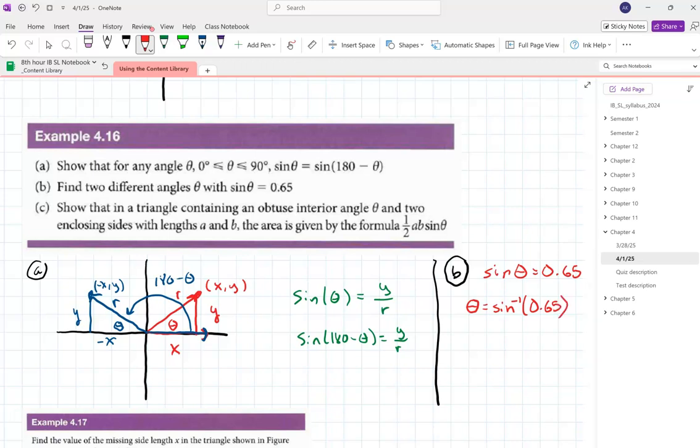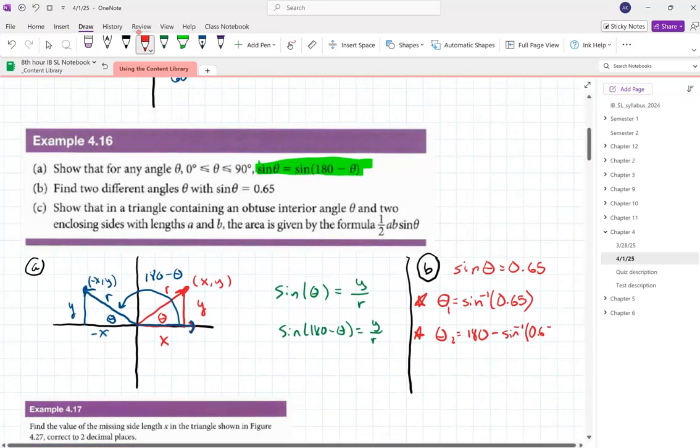So that's one angle. What's a second? Guys. Yeah. So you could do that, right? Everybody's okay there?